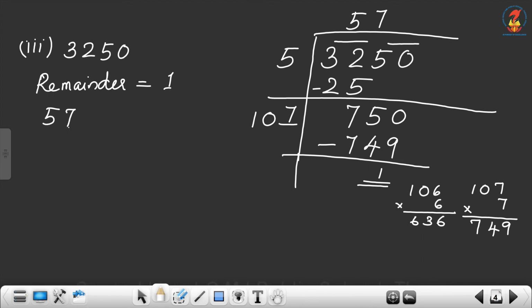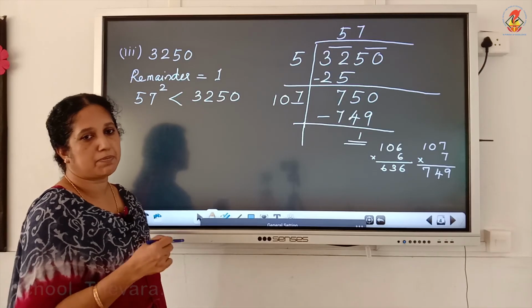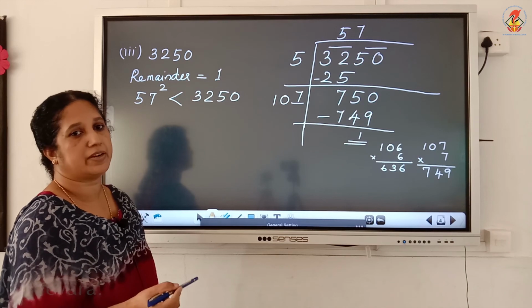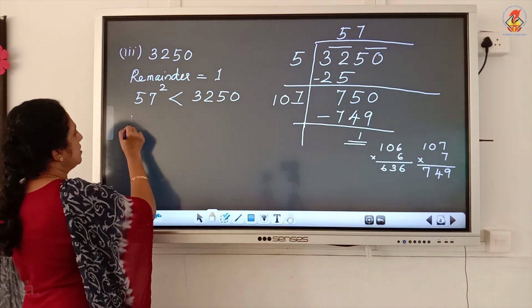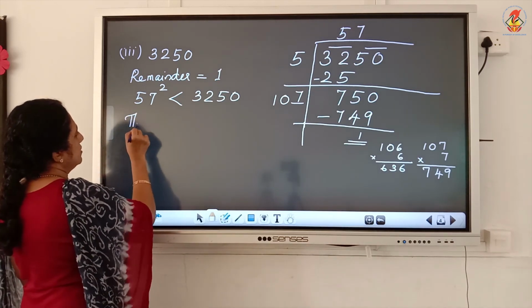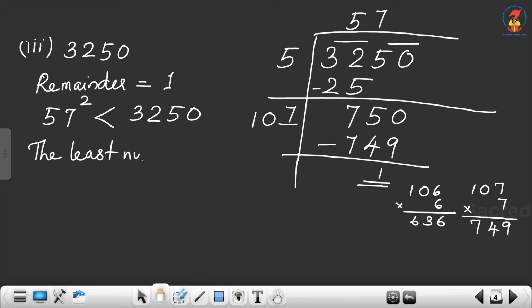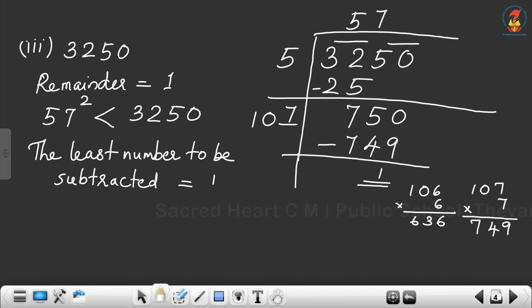Therefore 57 square is less than 3250. So if you subtract the remainder from the given number, you will get a perfect square number. Therefore the least number to be subtracted is equal to 1.